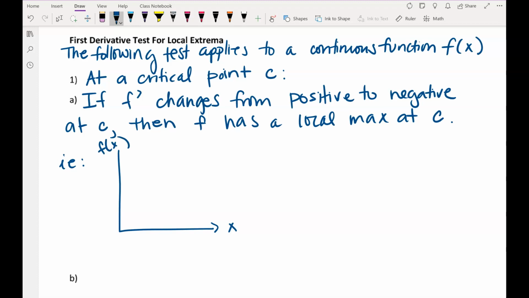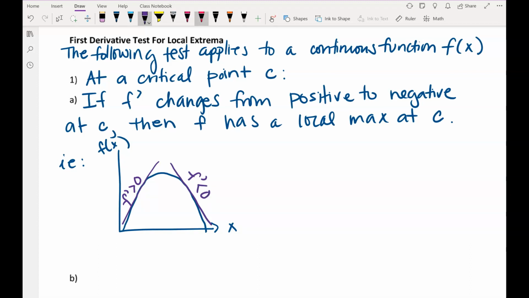Now it says if f prime changes, meaning that it's gonna be the slope, okay? So would you agree that the slope over here, f prime, is positive? Then it changes. That means over here, the slope, f prime, is negative, less than 0.